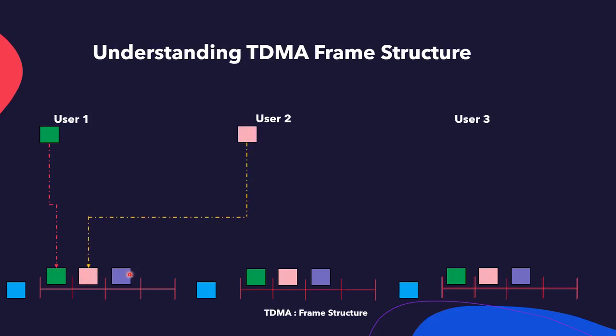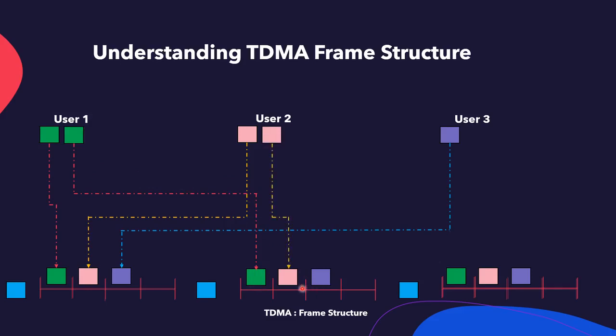And then the third time slot will be given to user 3. This process will continue on the second frame. The time for the first slot will be given to user 1, then the time for the second user, and then the third slot will be given to user 3. This process will continue on the third frame.